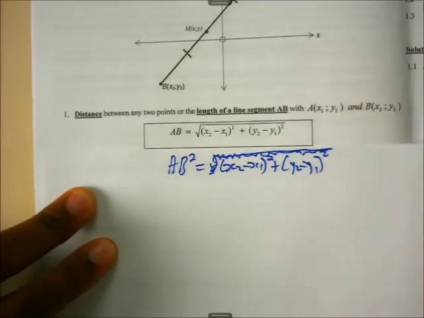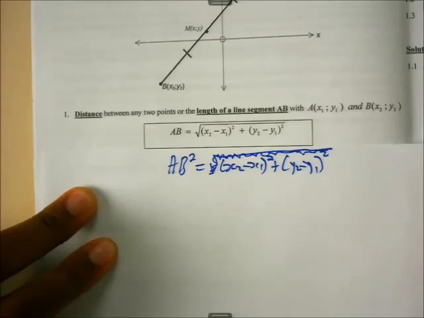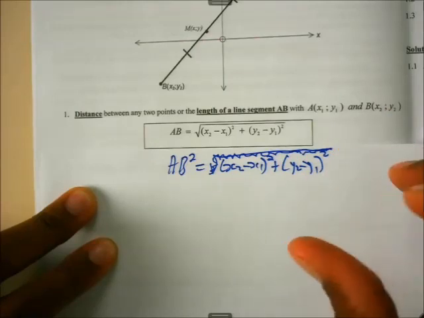The first one, they can ask you to determine the length between 2 points A and B. The other one, the distance will be given, and the only thing that you can do there is to find the value of x or the value of y. The first formula is still relevant, but most of the time I've realized that most of the learners, once they have the square root, it's not easy for them to get rid of that square root.